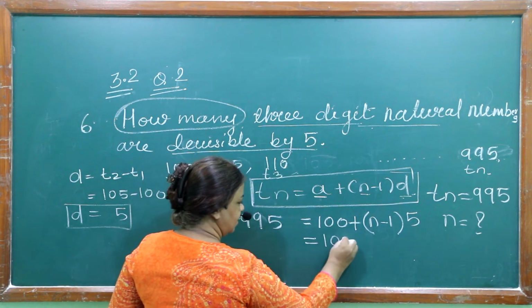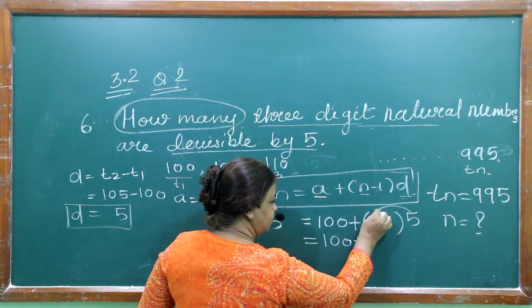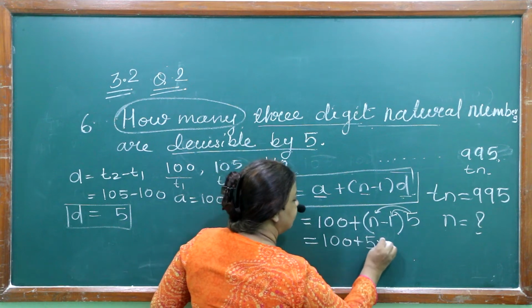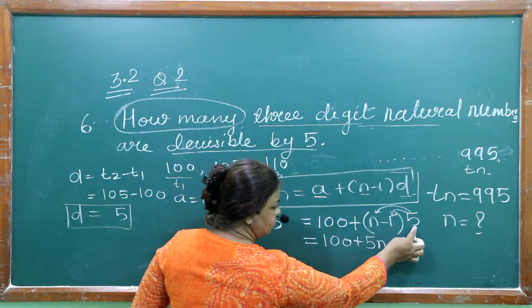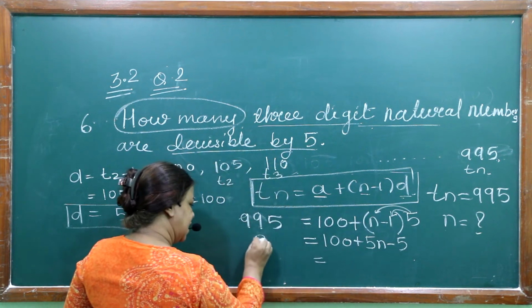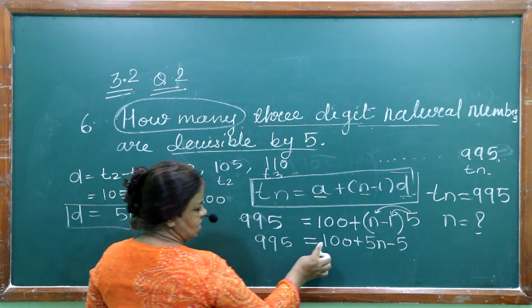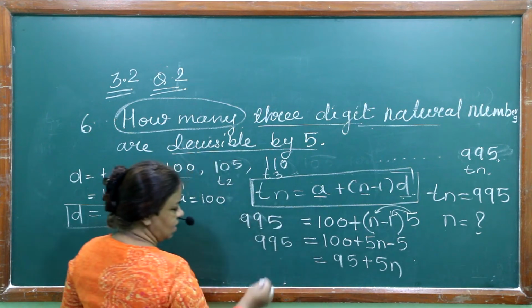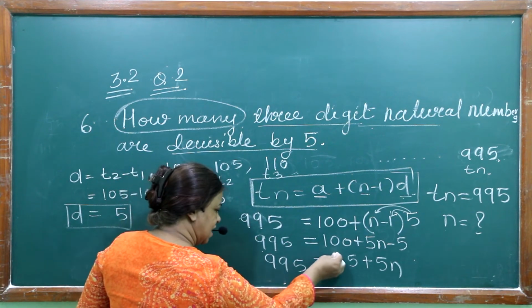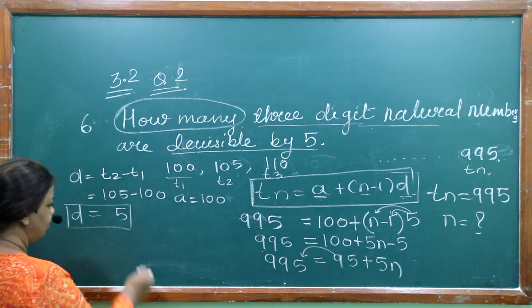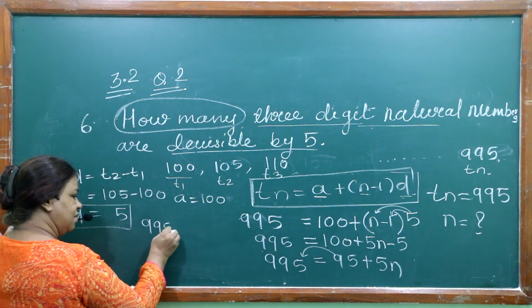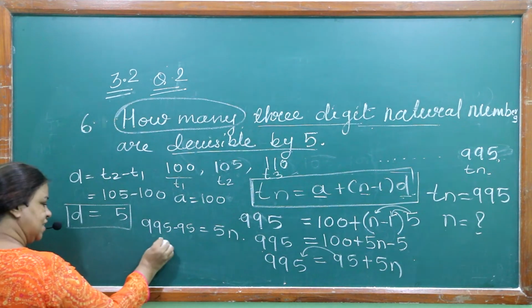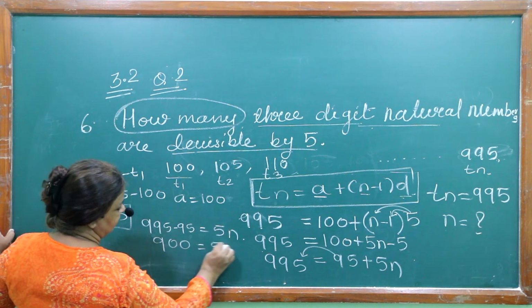So 100 plus, if 5 is outside the bracket, it will multiply with everything inside the bracket. 5 into n, 5n, minus 5 into 1, 5. 100 minus 5 is 95 plus 5n is 995. So 95 will come here. It will be 995 minus 95, which is equal to 5n. 995 minus 95 is 900, is equal to 5n.